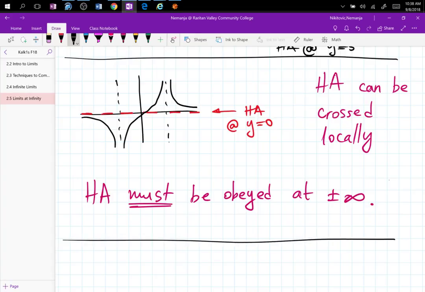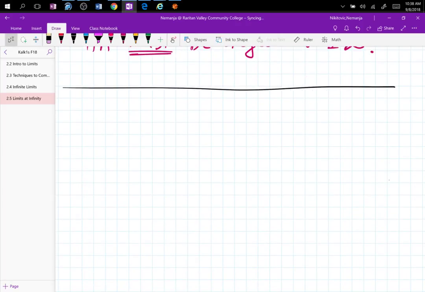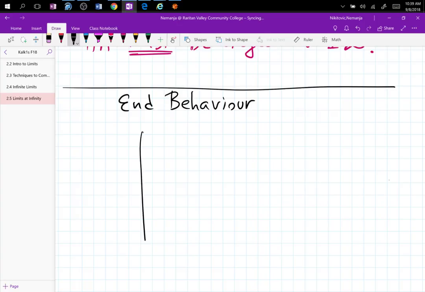The last pre-calculus concept, which is related to our limits at infinity, is what we call the end behavior. End behavior of the function has those 4 stages. So here's the chart.